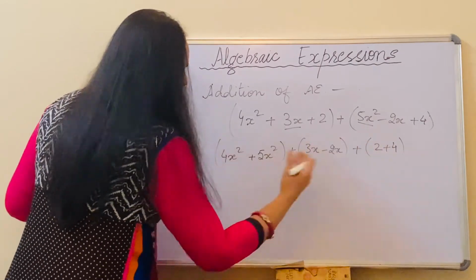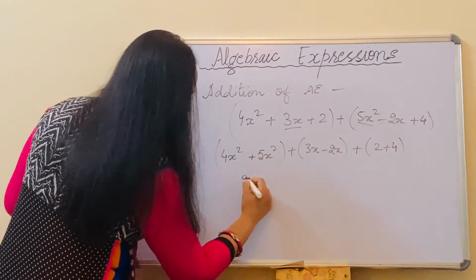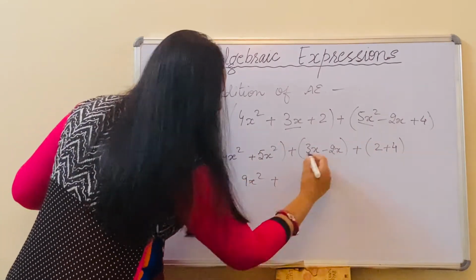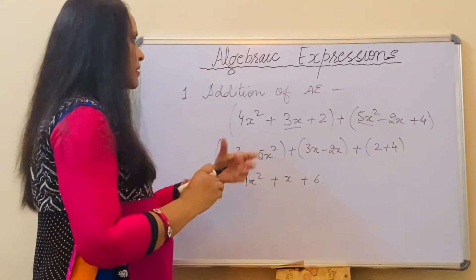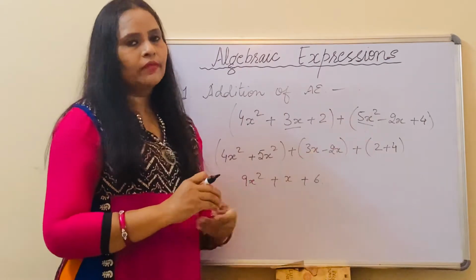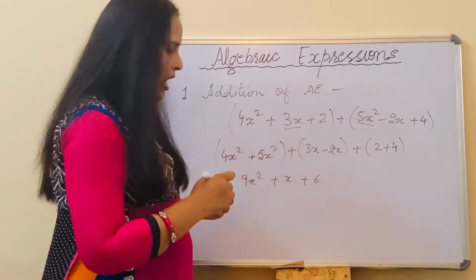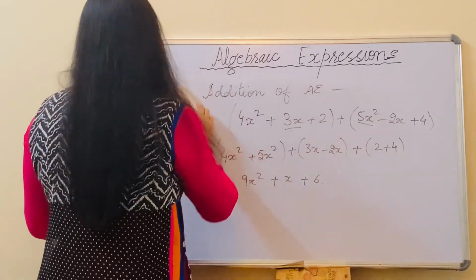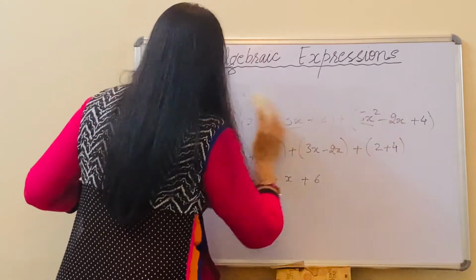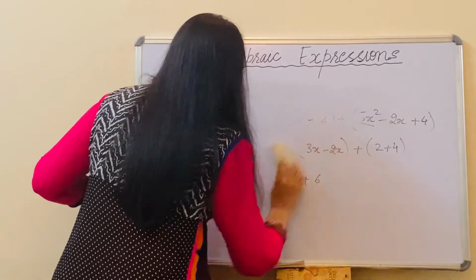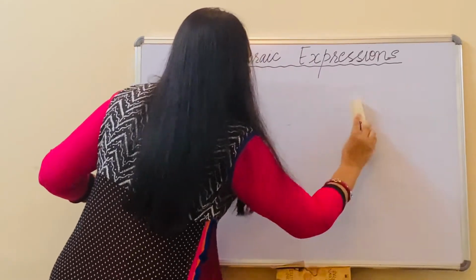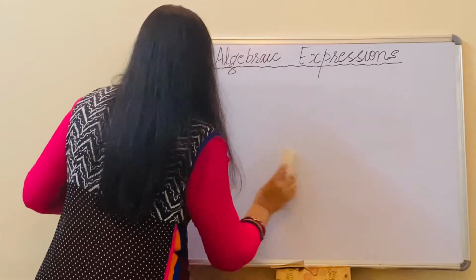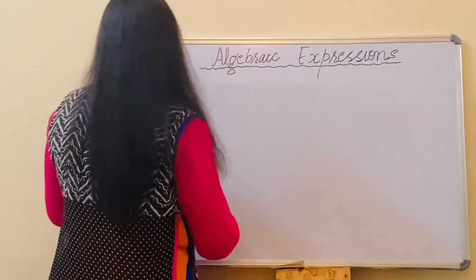Solve all these, you will get the result: 9x square plus x plus 6. So this is very simple addition of algebraic expressions. Now the next one I am going to take is the subtraction of algebraic expressions. How can we subtract algebraic expressions?